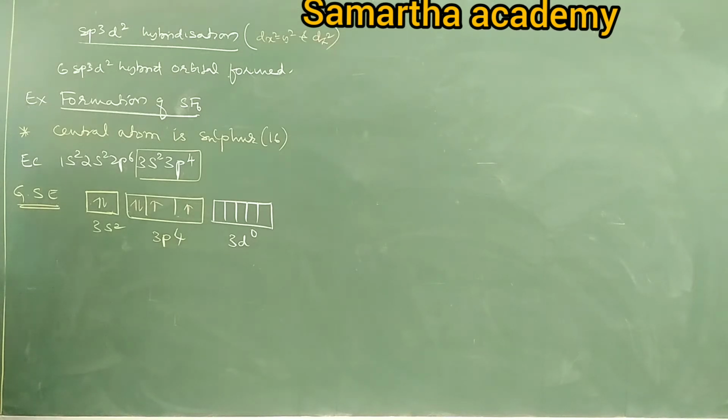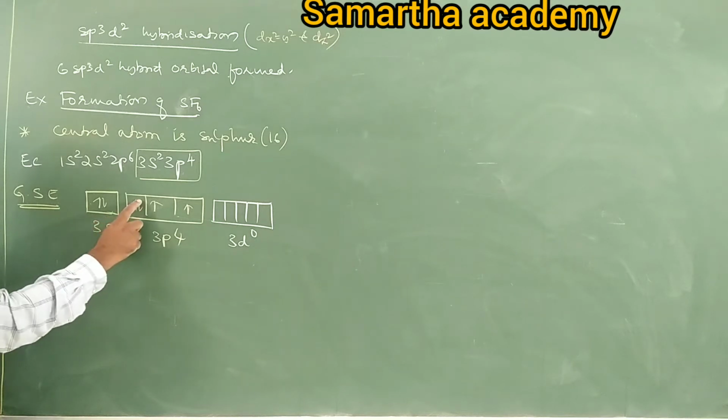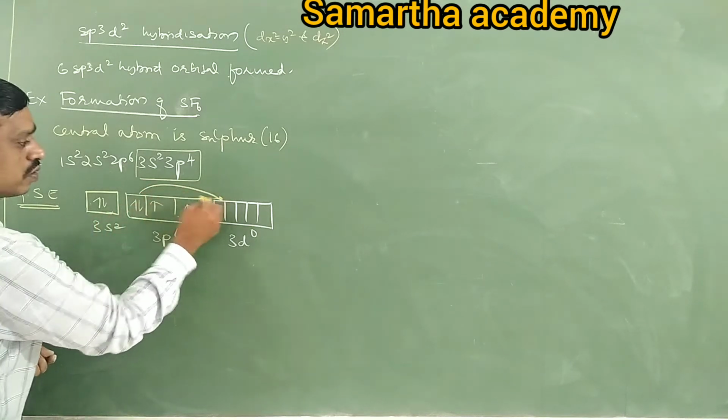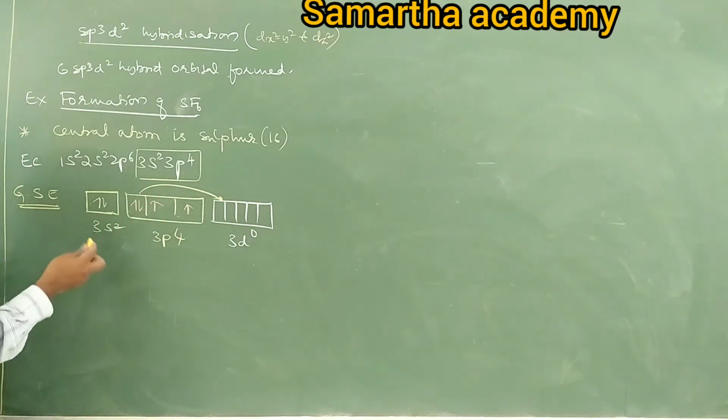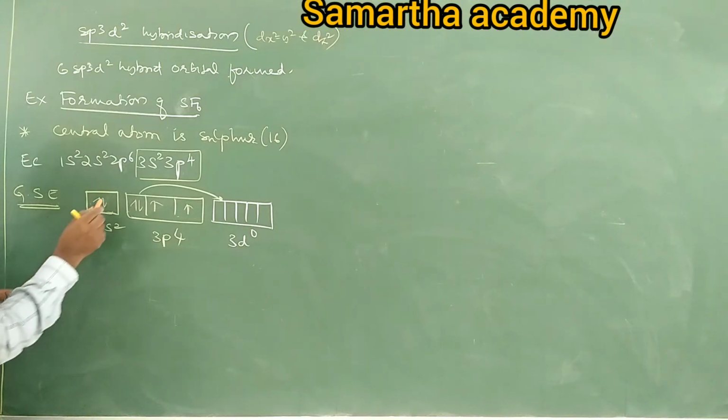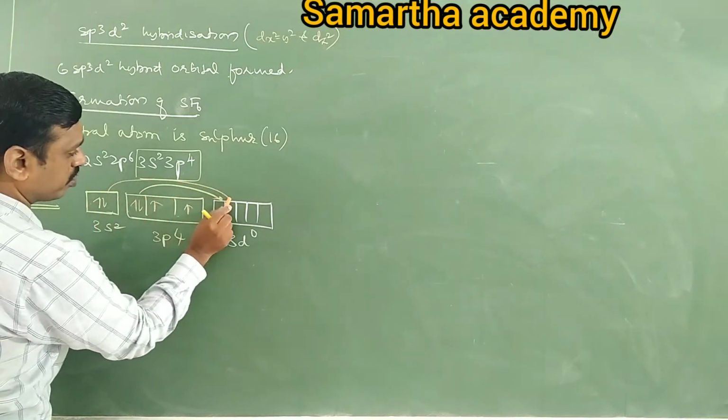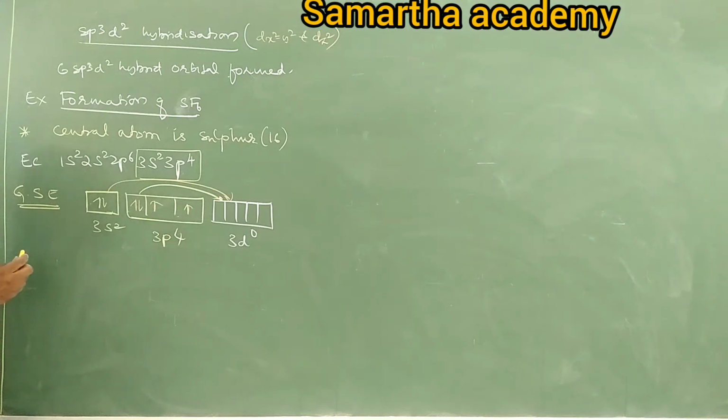Right? Now tell me, in first excited state what happened? This 1 electron jumped from here to here. In second excited state, another electron from s orbital jumps from here to here. Therefore, we take second excited state.